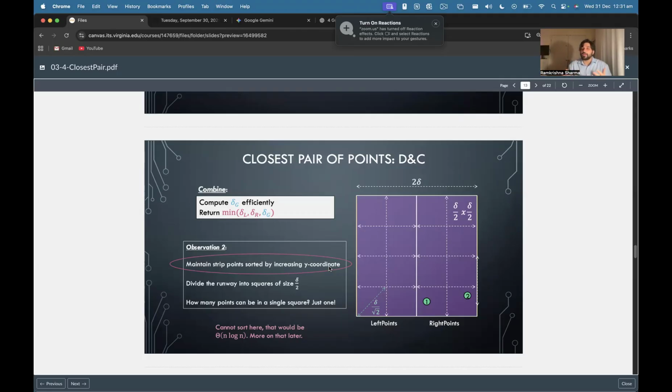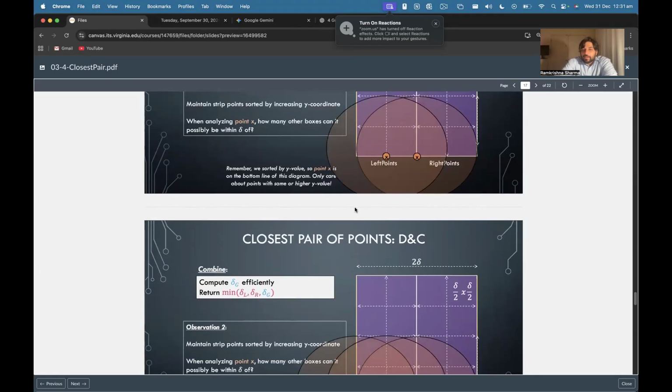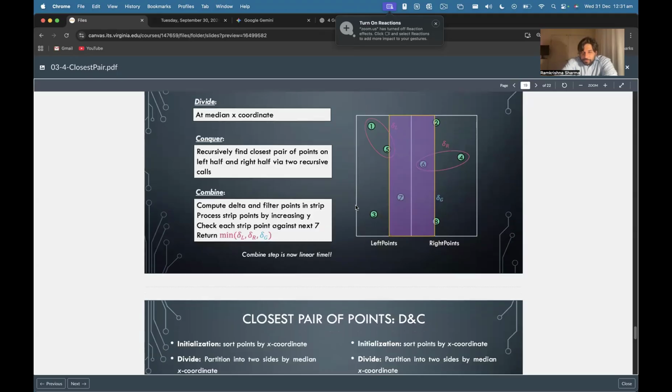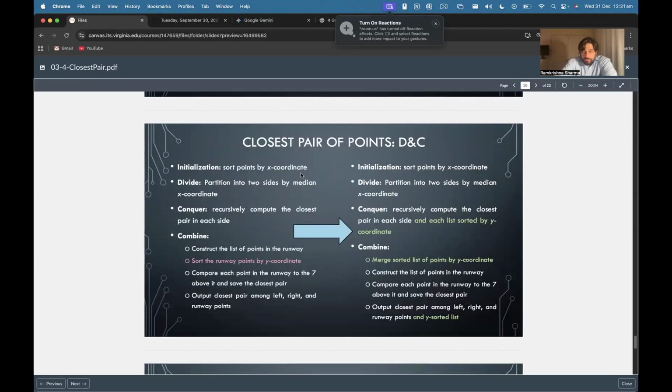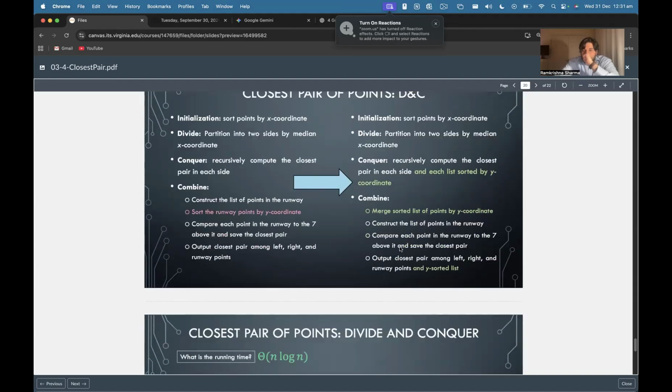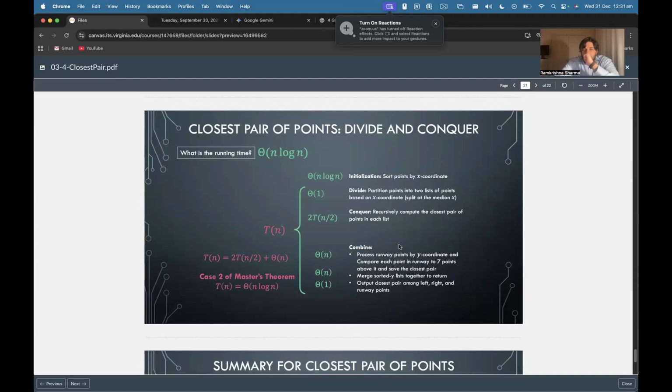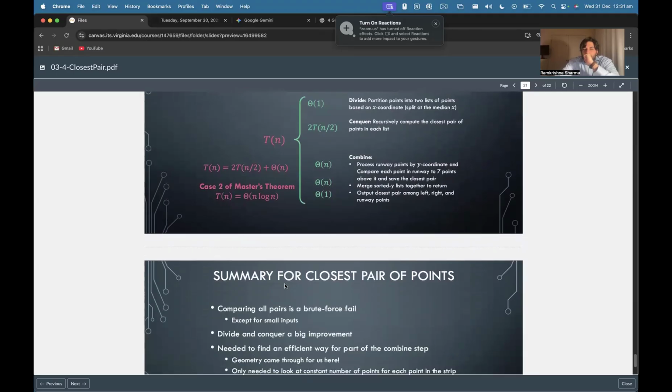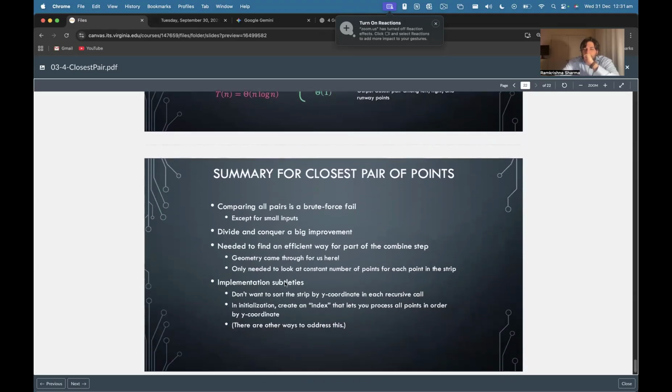So you end up doing something analogous to merge sort. So it becomes linear, and then the world's a happy place. So: sort points by x coordinate, partition into 2 sides by the median, recursively compute the closest pair on each side, and then do the combine step. As I said before, all of this dwindles down to a recurrence relation, which ends up being case 2 of the master theorem, and that is in fact the closest pair of points.